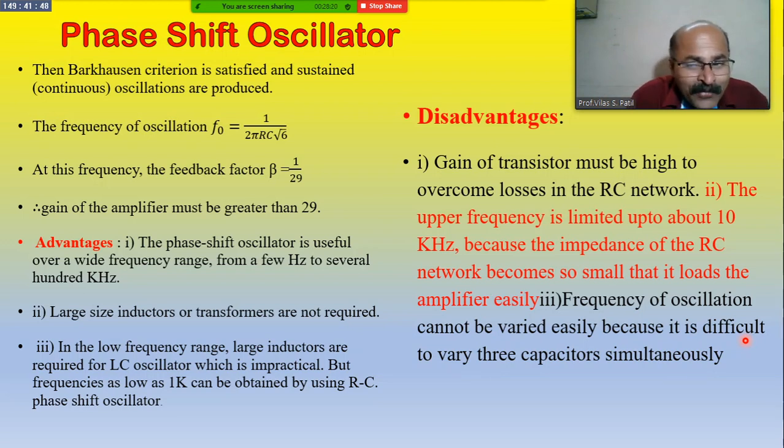We know that the phase shift oscillator is a low frequency oscillator, and its frequency range is very wide. The human audible range is 20 hertz to 20 kilohertz, but the frequency range of the phase shift oscillator ranges from a few hertz to several hundred kilohertz.